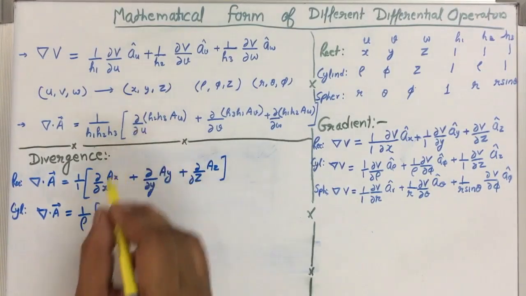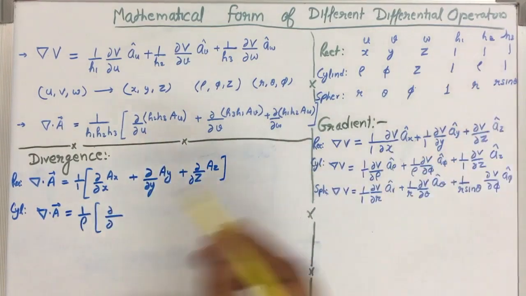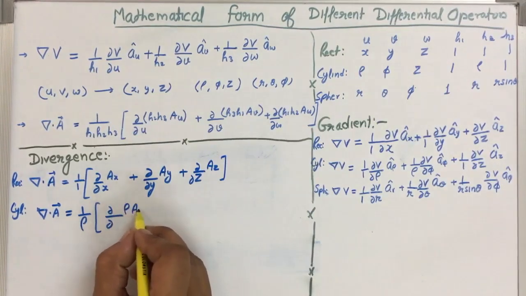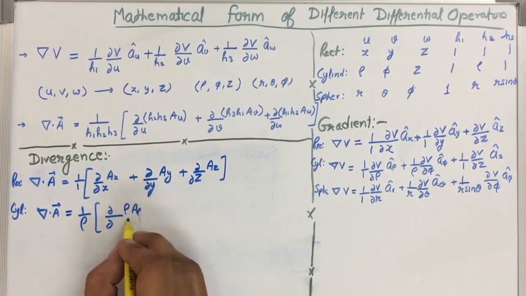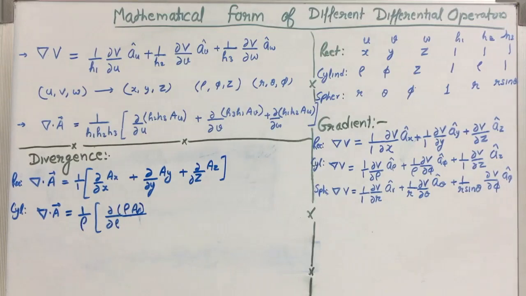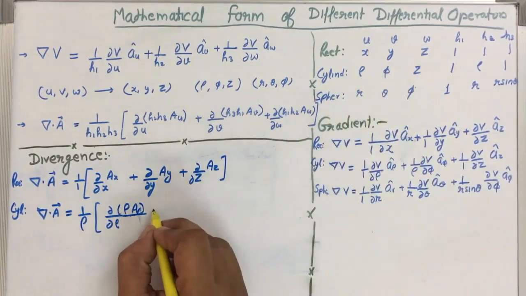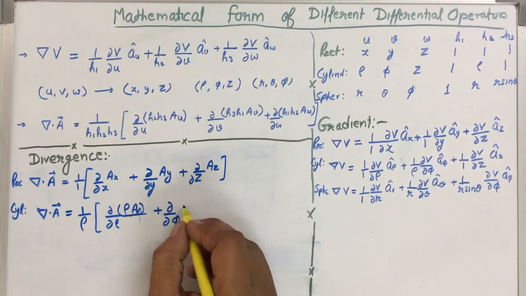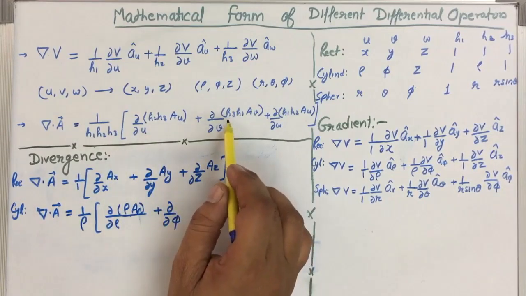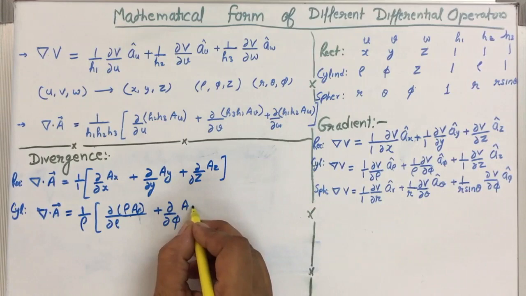Now the partial derivative of h2 h3, rho, A rho, divided by del rho, because u is rho in the case of the cylindrical coordinate system, plus del phi of h3 and h1, A phi.